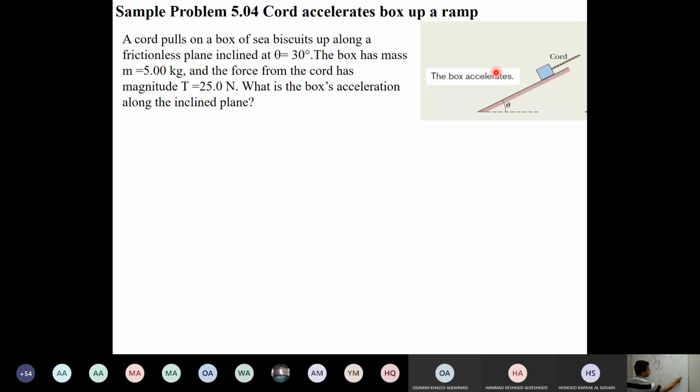Therefore, acceleration is going to be T minus mg sine theta, divided by m. Putting in the values, it is 25 minus 5 kilograms times 9.8 times sine 30, divided by, again, the mass, which is 5 kilograms. It will give us the acceleration. Any questions here?